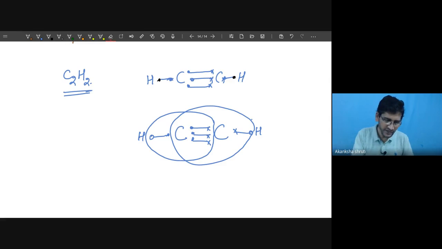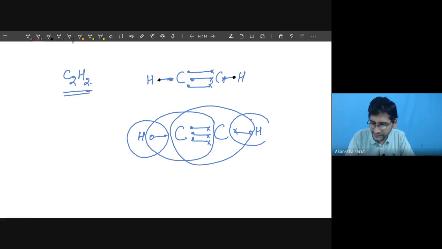For the hydrogen, you also need to complete the structure. Keep in mind, for hydrogen, you need not do like this, otherwise it will go into the region of the other carbon. So you should be careful while drawing the structure. For hydrogen, the electron sharing is up to this much, so you must keep it outside. Do not cross into the region of the second carbon. So it is the structure.